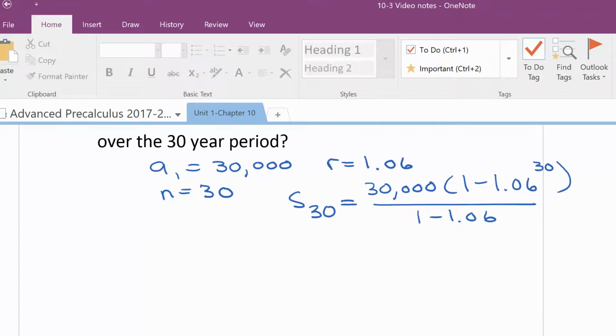So when you multiply 30,000 times 1 minus 1.06 to the 30th power and divide that by, actually it's negative 0.06.